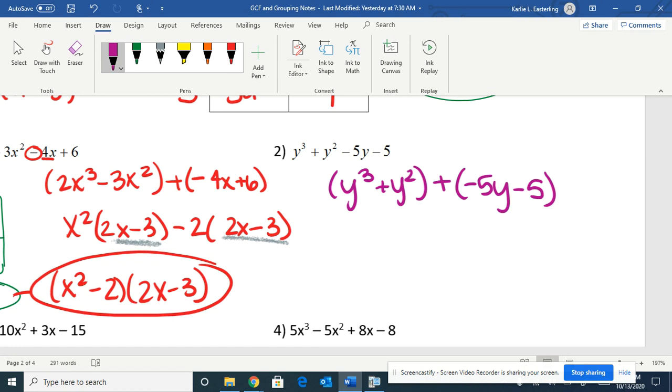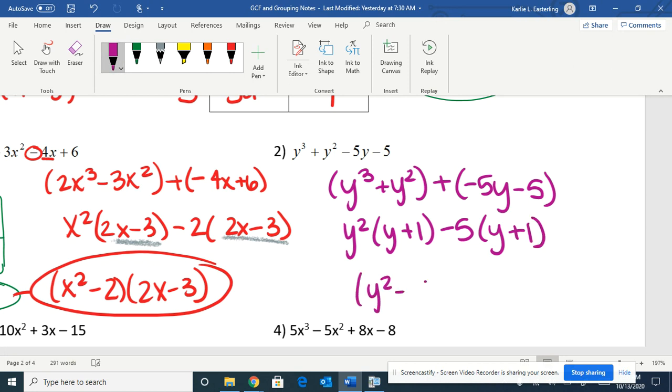All right, so in my first set of parentheses, my greatest common factor is y squared, and you're going to be left with y plus 1. So over here, again, I know I need y plus 1, so I can recognize that I need to bring out a negative 5. So we'll have y plus 1. So our final answer will be y squared minus 5 and y plus 1.